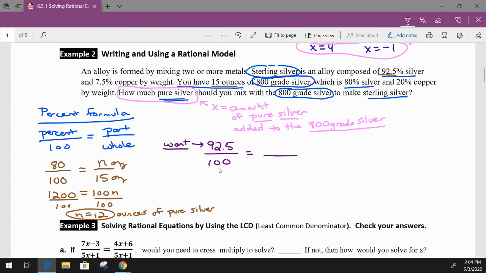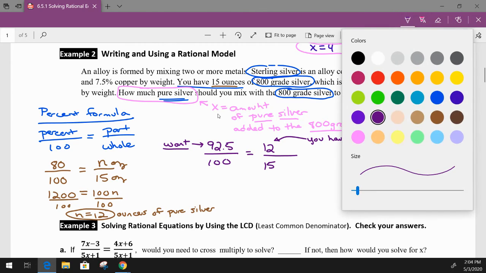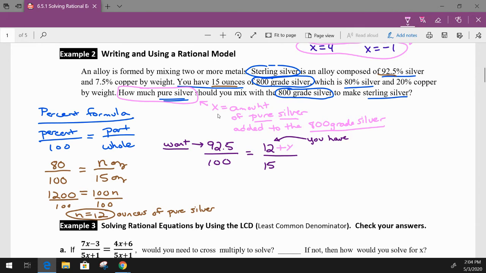We have 12 ounces of silver in that 15 ounces total. So now we throw in the x. The x is the amount that you're going to add. So we're adding pure silver. So the top number here represents the amount of ounces of pure silver that you have.